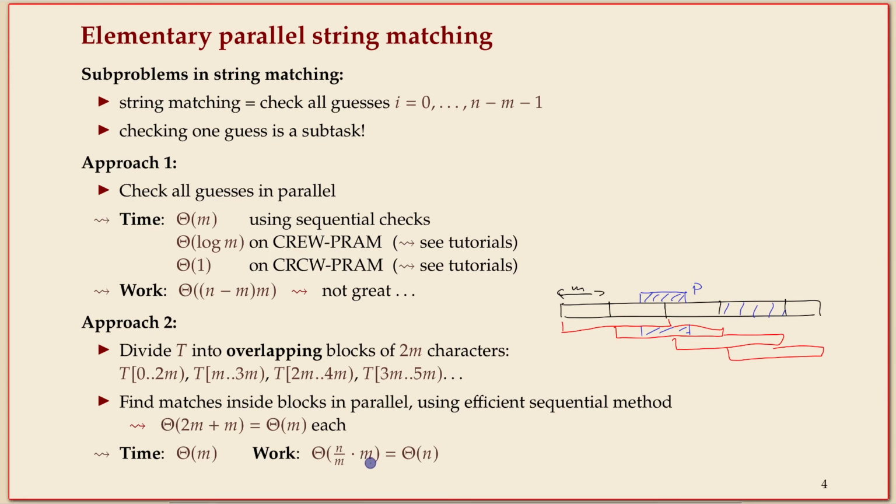And each of the blocks takes m work, so the total work is linear in n. Remember, we used to write theta n plus m for the sequential methods, but with the assumption that m is at most n, we know that is the same as linear in n.